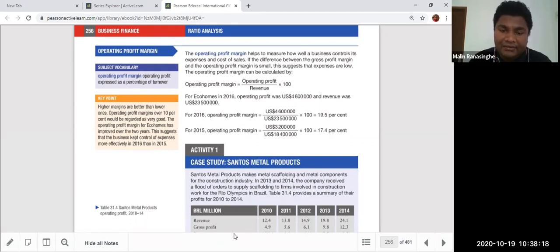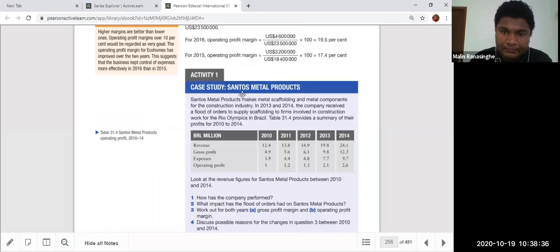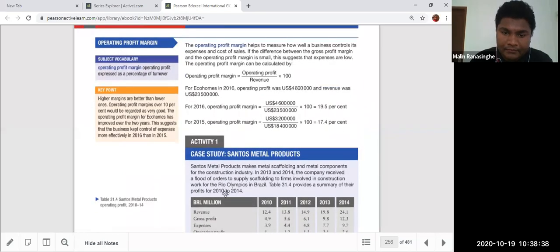You can find the operating profit margin as operating profit over revenue into 100.